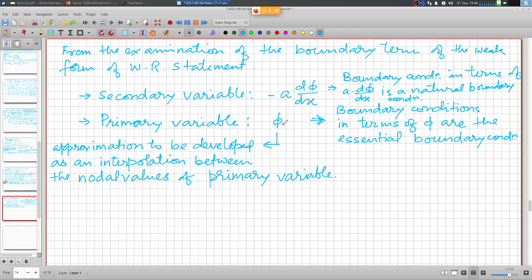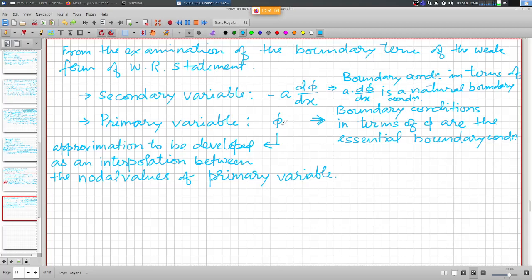We don't know what these nodal values are, but we treat them as function values at discrete points, and the variation at all other points is defined in terms of interpolation between these function values at the nodes.